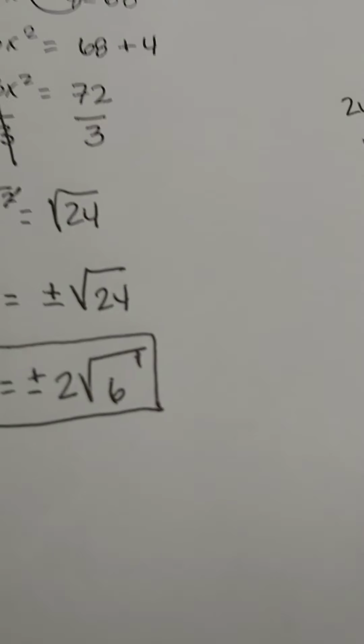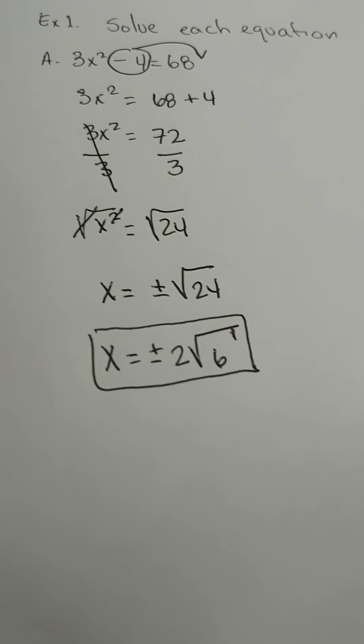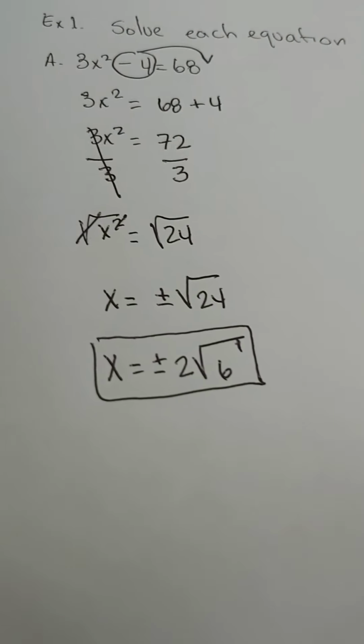Now, in part A, we have that x equals positive negative 2 square root of 6. That means that the solutions are x equals 2 square root of 6 and x equals negative 2 square root of 6.